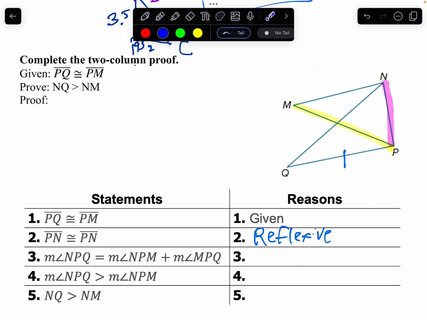Then if we notice, angle NPQ, this whole angle is composed of angle NPM and MPQ. Those two. Well, when you add two angles up and they equal the whole angle, that's your angle addition postulate.